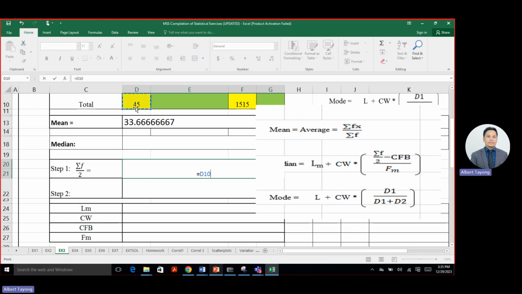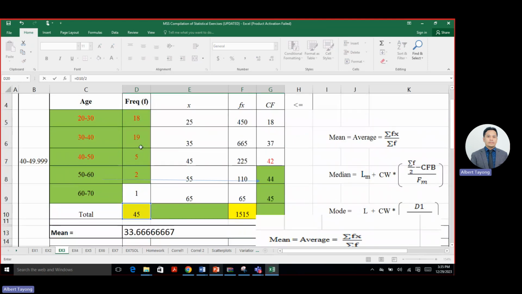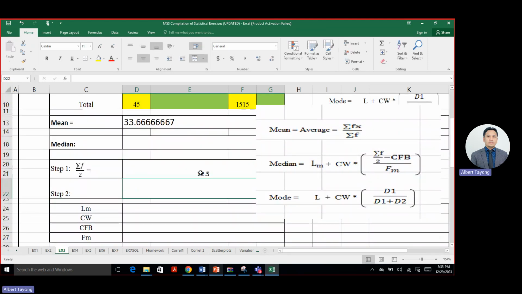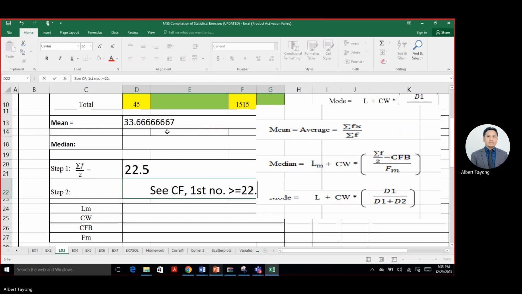So it equals 45 over 2, because 45 is the total of the frequency. So that gives us 22.5. Step 2, you're going to mention this CF, first number greater than or equal to 22.5, whatever is the answer here.